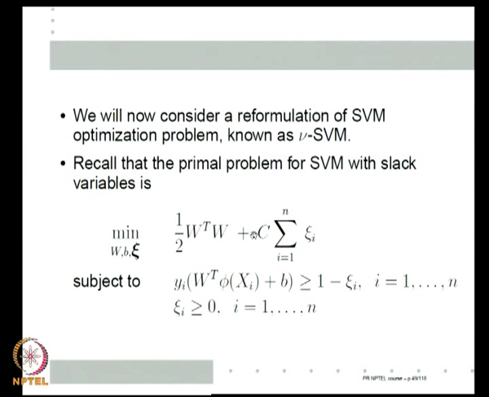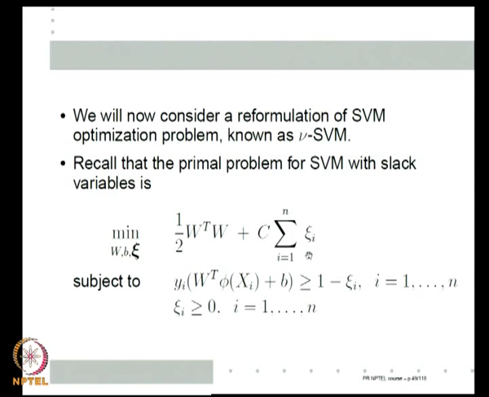C is a kind of exchange rate between margin and some measure of error, and the measure of error is very crazy here, because xi_i greater than 0 does not mean that I am actually making an error. If xi_i is greater than 0 but less than 1, the corresponding x_i is correctly classified, but it still adds to error, and it does not tell me how many I am incorrectly classifying.